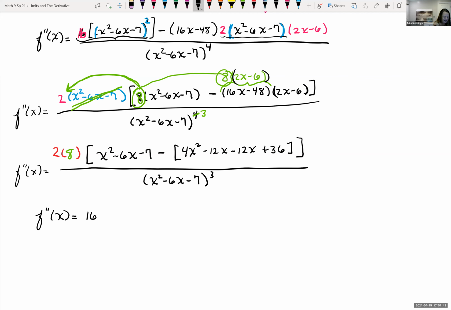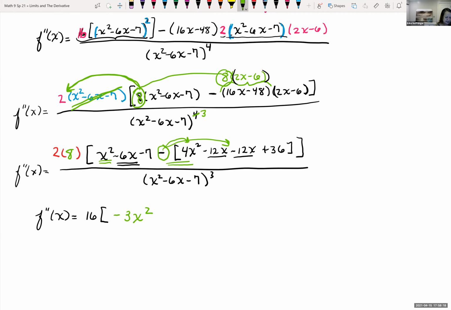So we have 16 times the quantity. Here we're going to have to distribute this negative sign. So really, we're going to have an x squared minus a 4x squared. So that's a negative 3x squared. We're going to have a minus 6x. And this is actually going to be plus 24x, because negative 12x is negative 24x, but this negative that has to be distributed makes it positive 24.